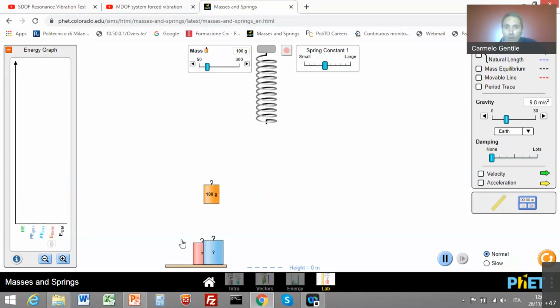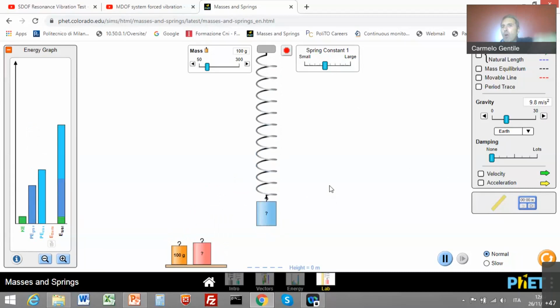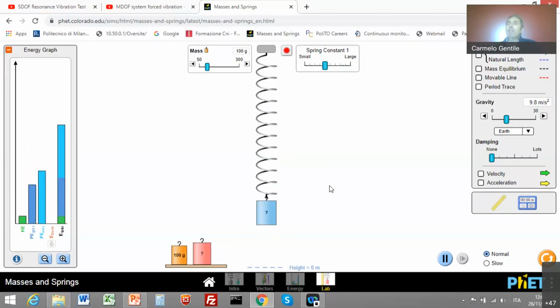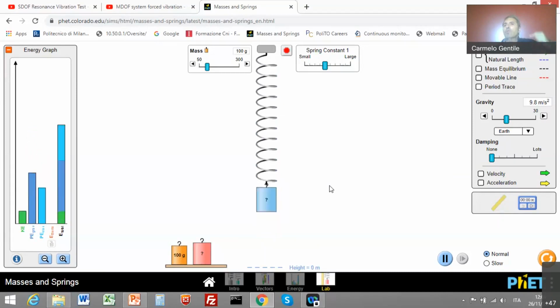Let's add a larger mass. What we see is that when the mass is larger, the velocity of the motion is slower. So the fundamental period is larger. The fundamental period is the time interval needed for obtaining two subsequent maximum values.